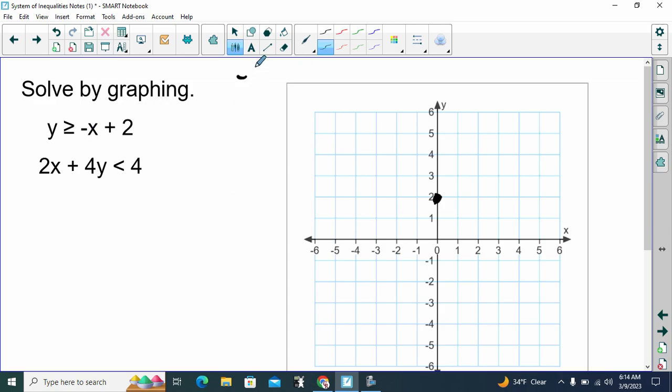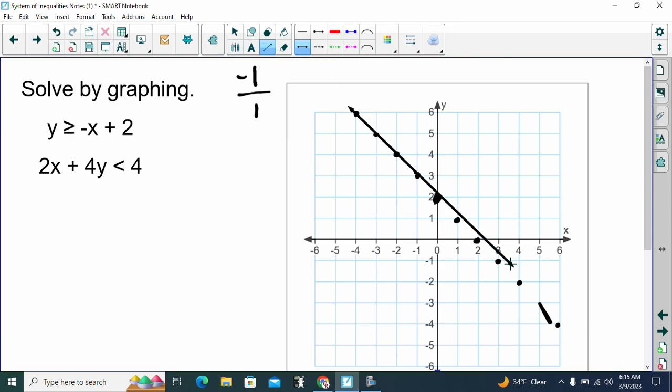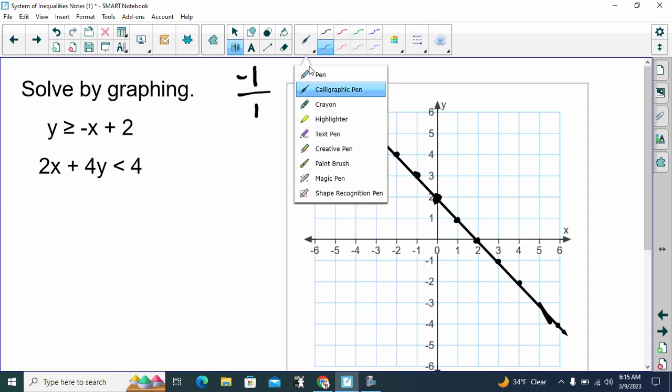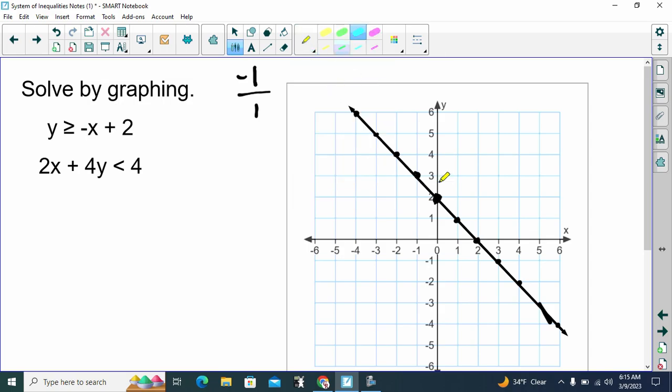Negative 1, we're going to write as rise over run. Negative 1, down 1, over 1. We should have a solid line here. And I want the y values greater than that line. Y values greater than that line are going to be the ones above the line.